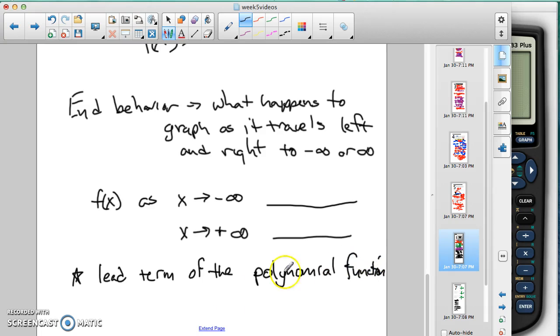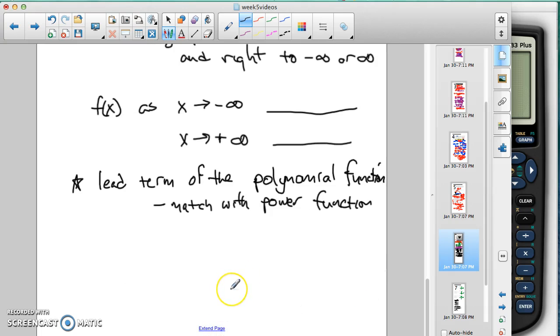We're looking at the lead term because it's going to match up with the power function. So if we look at power functions, we can predict what happens to polynomial functions.